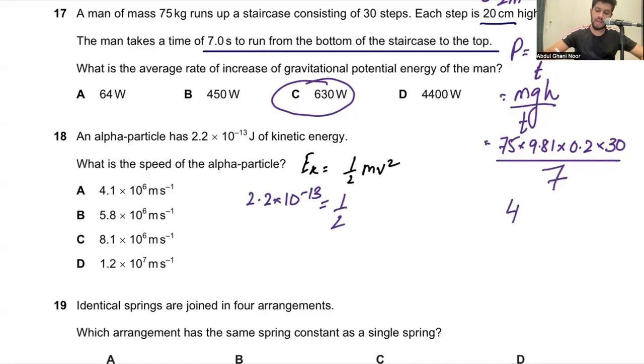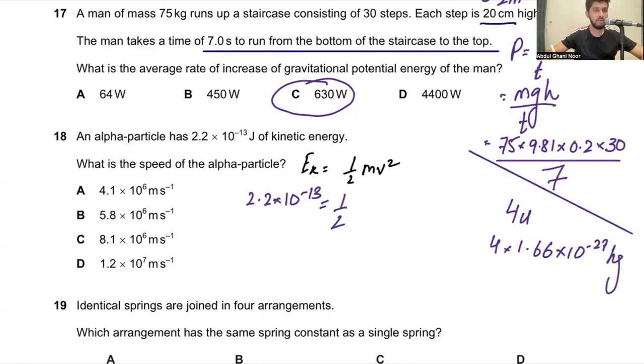Pius says the mass of an alpha particle is 4u, where u has a value of 1.66 into 10 to the power minus 27 kilograms, which is given. So 4 into 1.66 into 10 to the power minus 27 into v squared. That's it. So they were testing whether you knew what the mass of an alpha particle was. Because apart from that, there's nothing complicated.